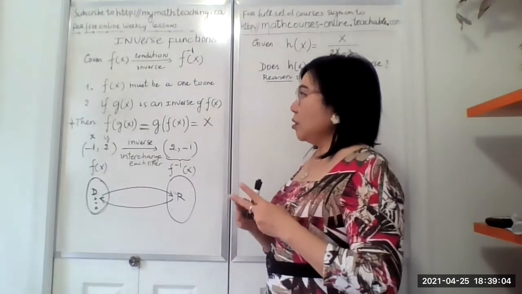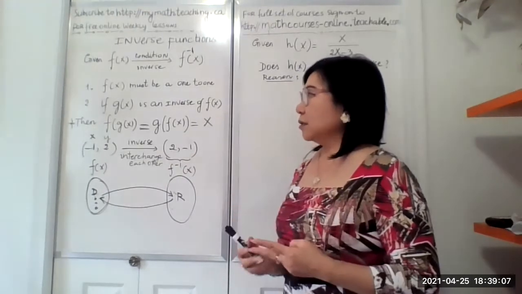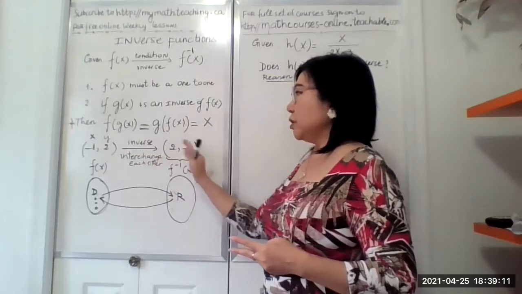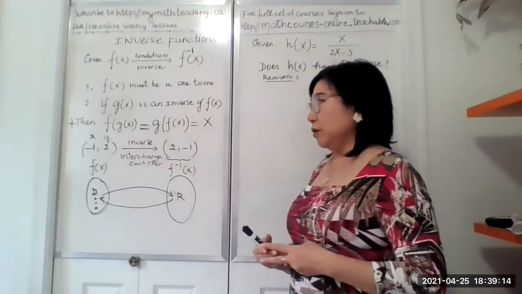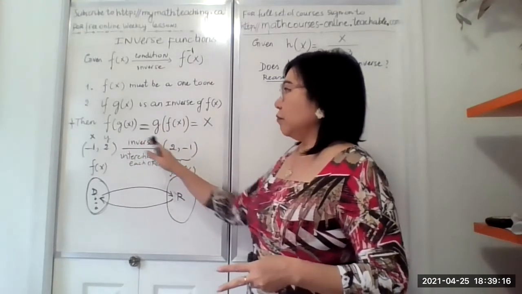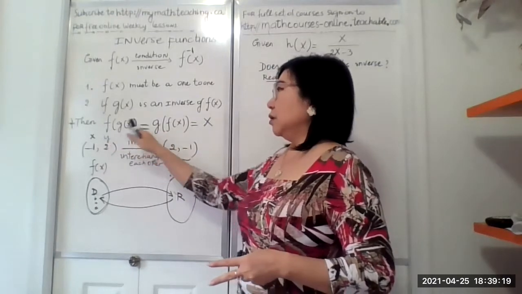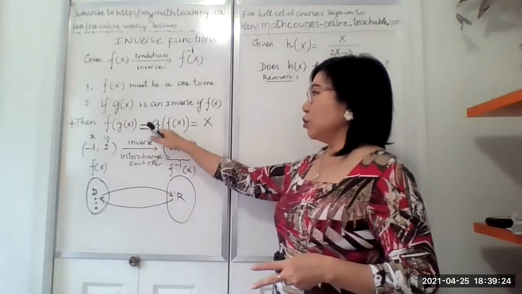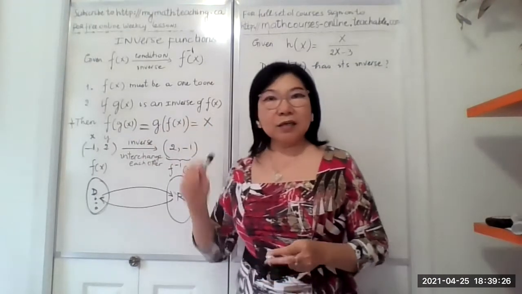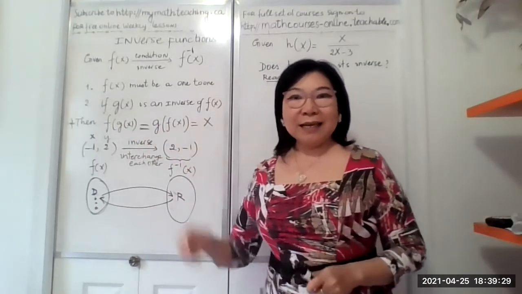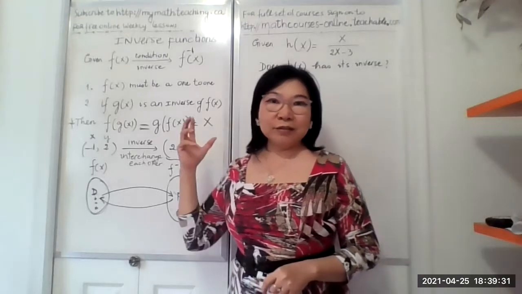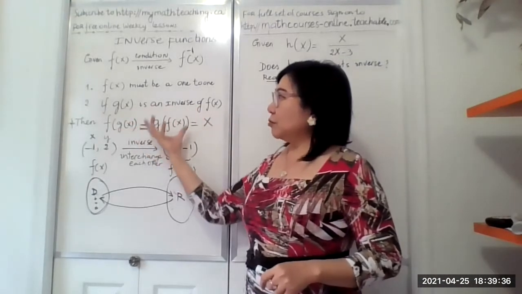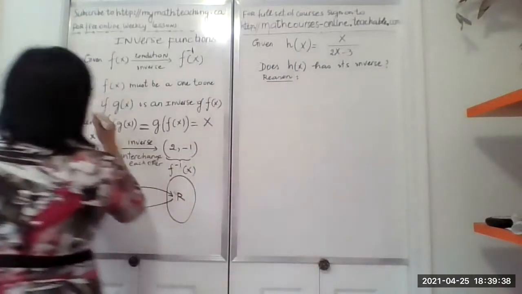Also, we can test if a new function g is the inverse of the function f of x, if their composite f of g of x equals g of f of x and equals x. And I'm going to demonstrate an example on the board here for you to see condition 2.